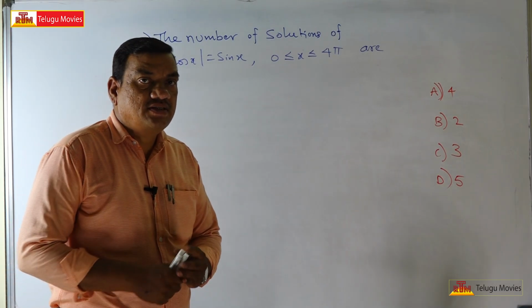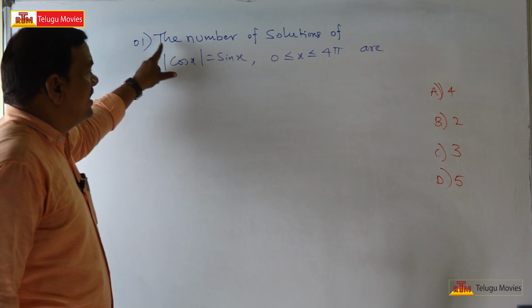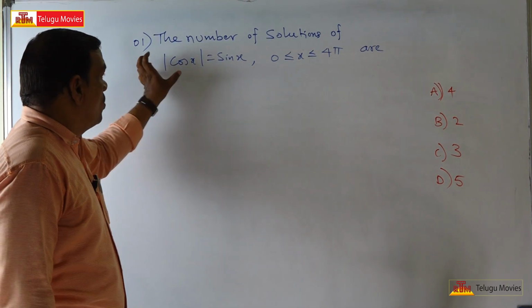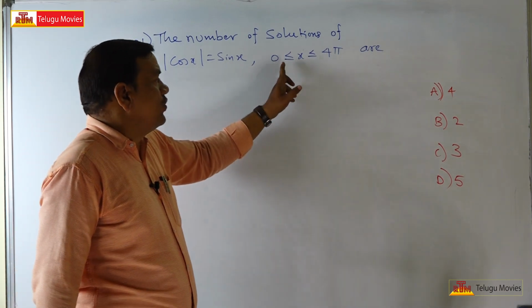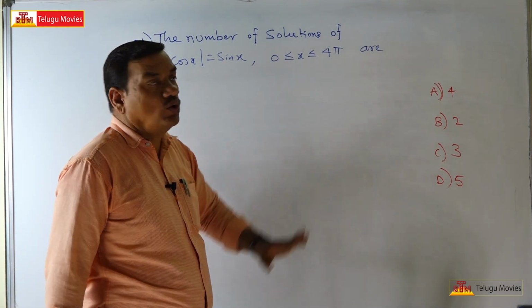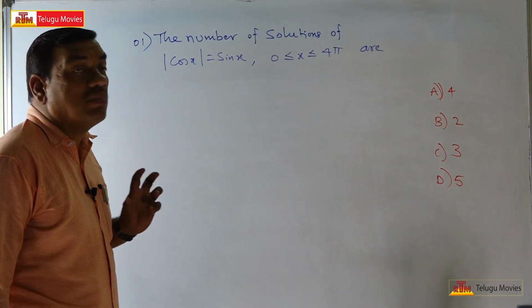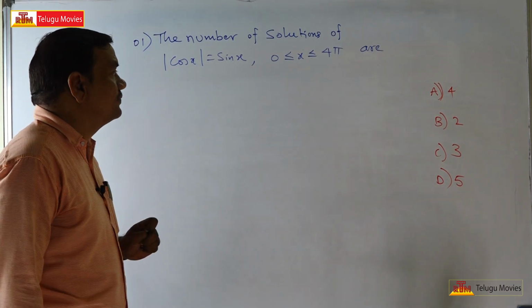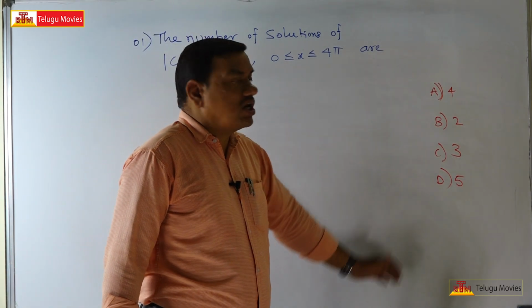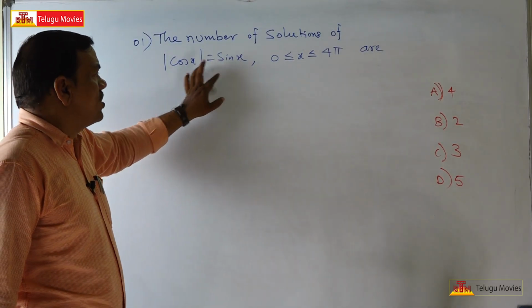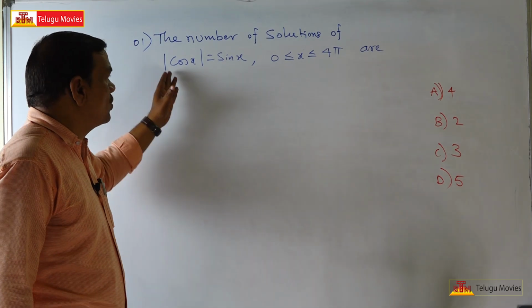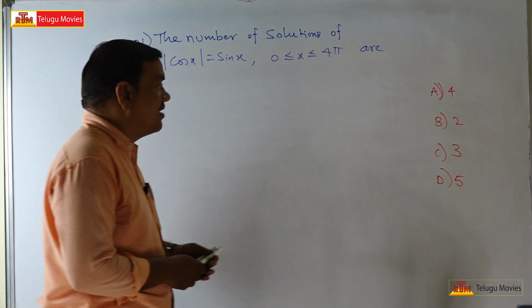Dear students, see, one question is, the number of solutions of modulus of cos x is equal to sin x, where 0 is less than or equal to x less than or equal to 4 pi. So the number of solutions. Understand? So here options are also given. Generally, students approach it like this: modulus of cos x is equal to sin x means cos x is equal to plus or minus sin x.